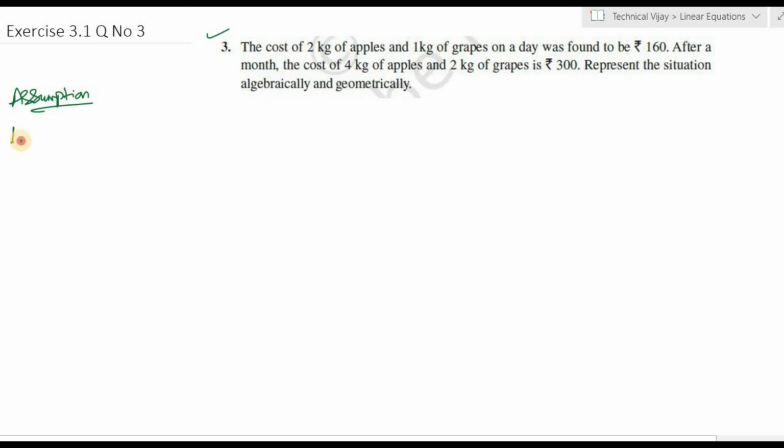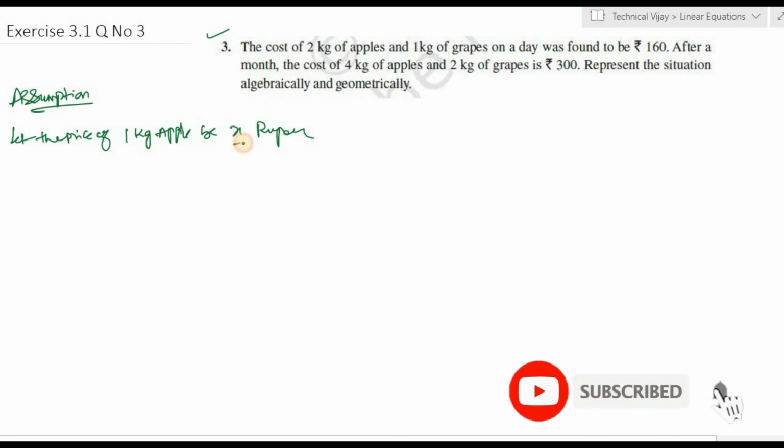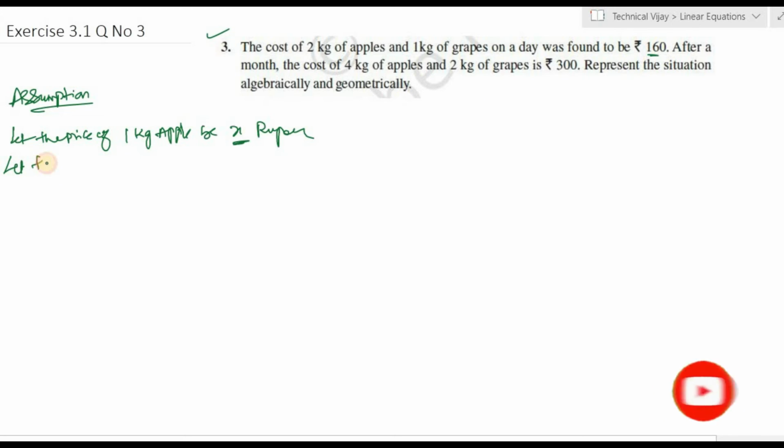Okay, let the price of 1 kg apple be x rupees, and in the same way let the price of 1 kg grapes be y rupees.